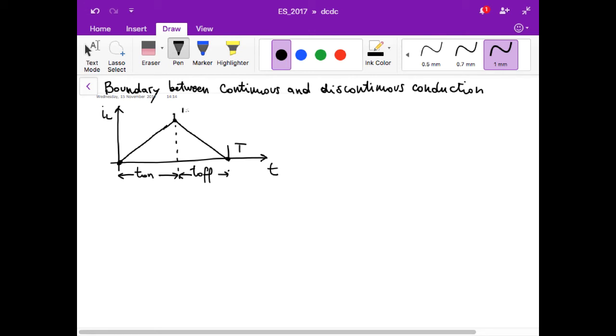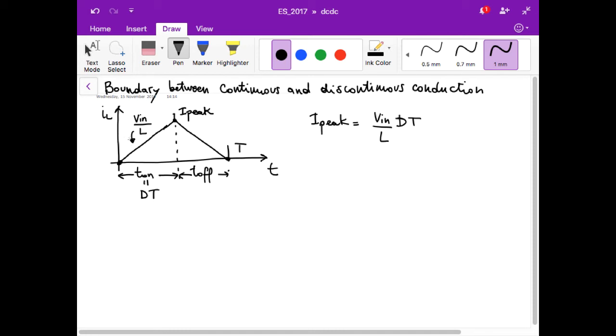So this is the peak, and the derivative here of the current is V in over L. So the peak current is V in over L times T on, where T on is equal to dT.